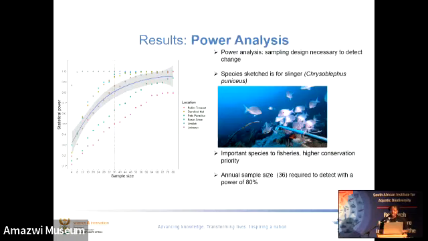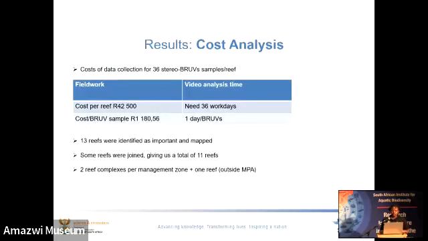with a statistical power of 80%. We then did a cost-benefit analysis to measure the benefits associated with monitoring of the MPA. The cost per BRUV sample is this much, meaning that we need 1 day to analyze videos, and the cost for the entire reefs will be 36 work days.